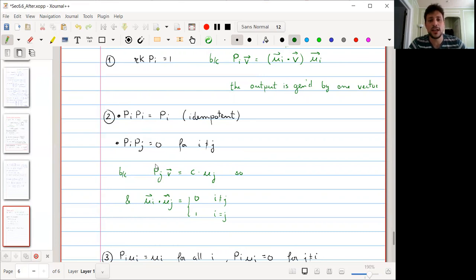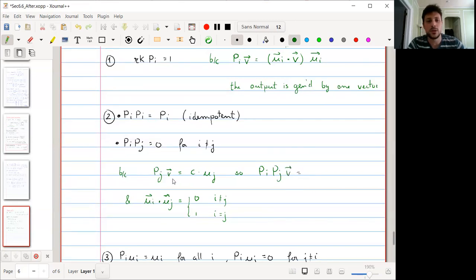Well, we can use the following two facts. If I do pj times v, that's just a multiple of uj. And what we know is that ui and uj are orthonormal. So their dot product is 0 when i is different from j, and 1 when i is equal to j. When I piece these two things together, I can compute pi of pj of v.